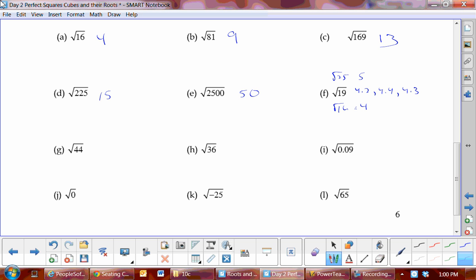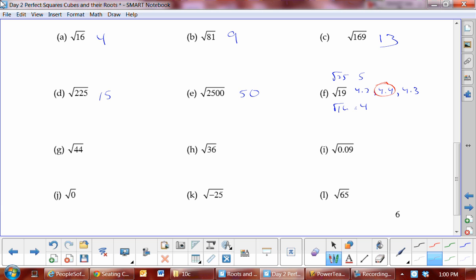If this was square root of 24, I'd be going closer to 5. But because it's square root of 19, I'm going to be going closer to square root of 16. And so the answer is 4.4, actually.